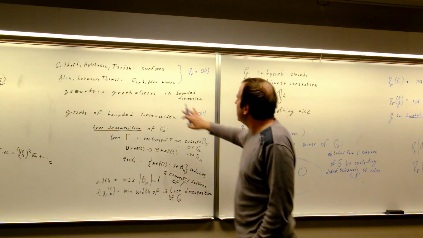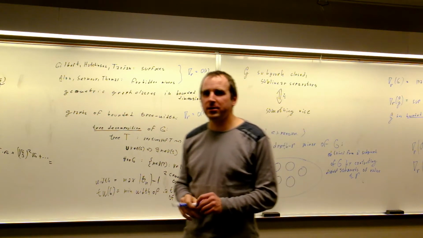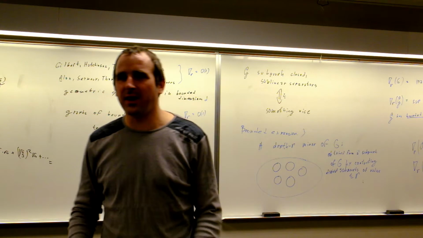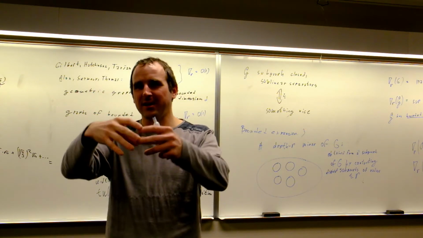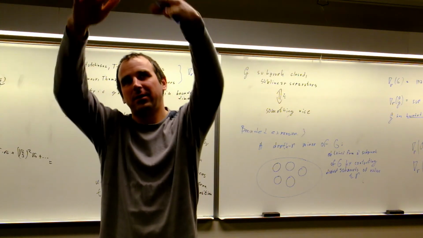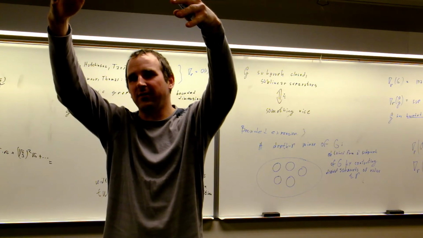It is geometric graph classes. It depends on what I mean by geometric graph class, but you can probably imagine that, let's say, in three-dimensional space, the neighborhood of a vertex grows somehow polynomially with the distance.